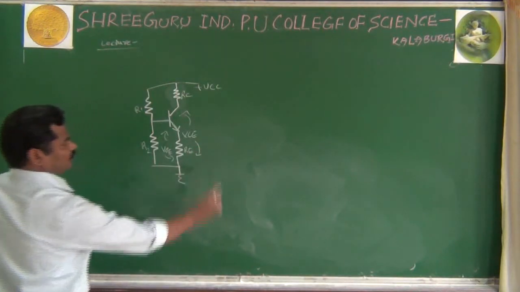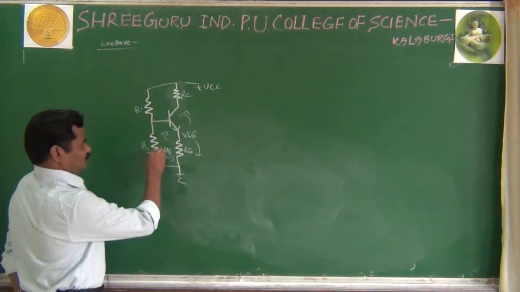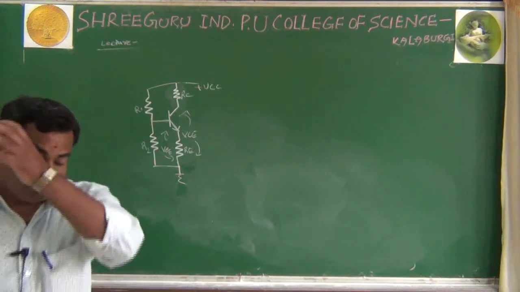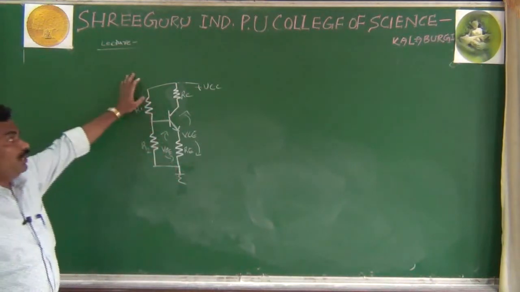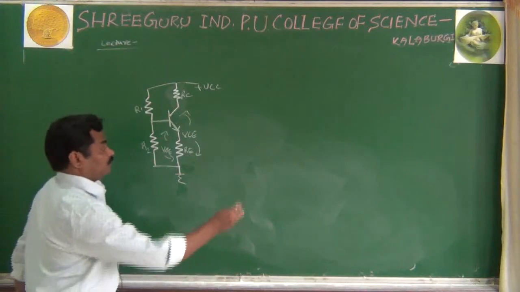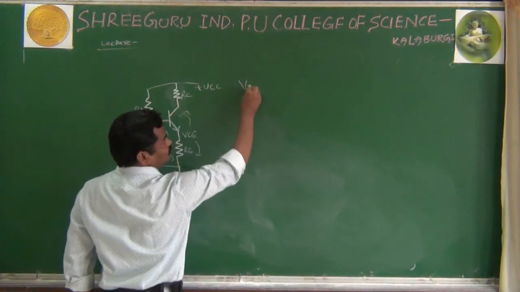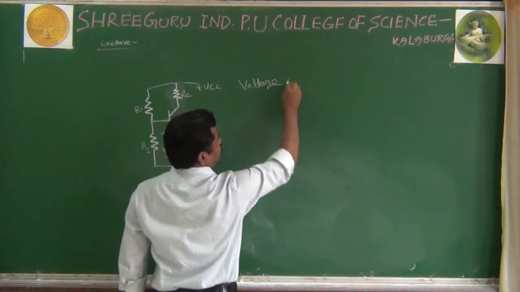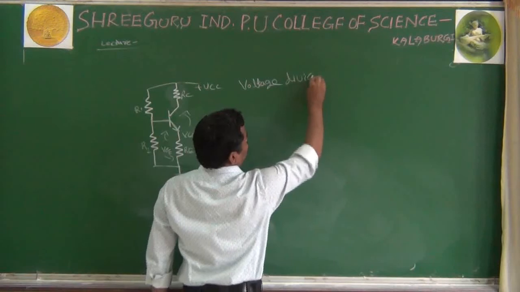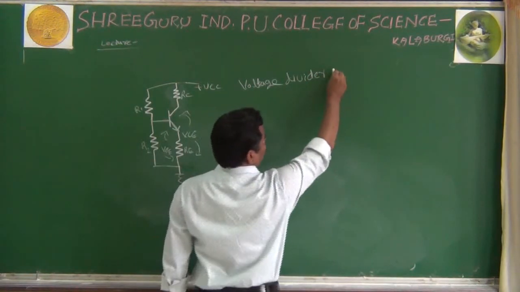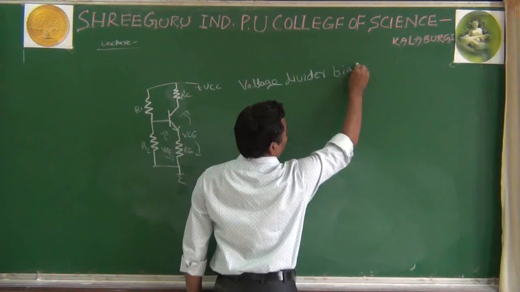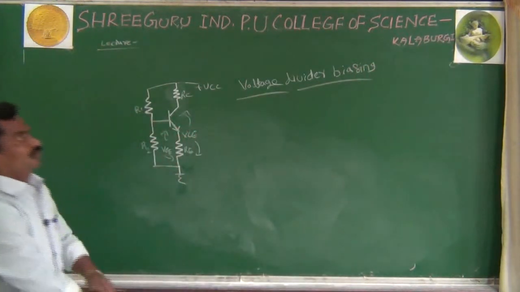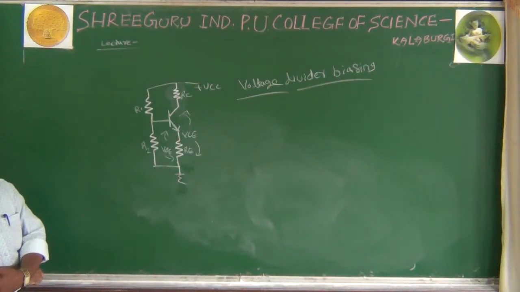And now you can analyze the voltage divider biasing. As I said, why is it called voltage divider biasing?